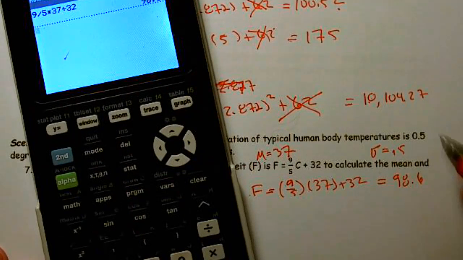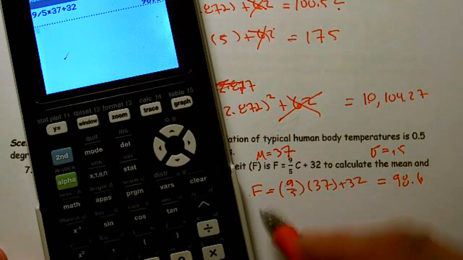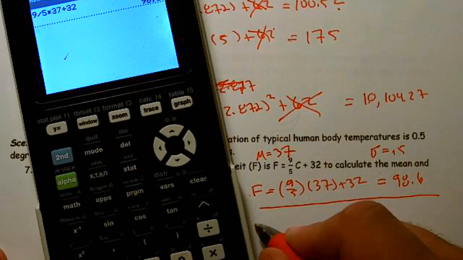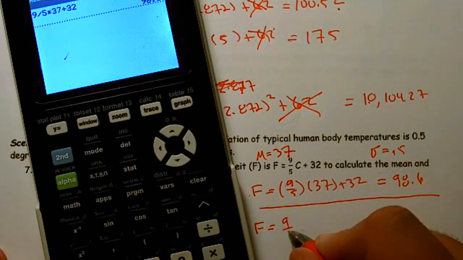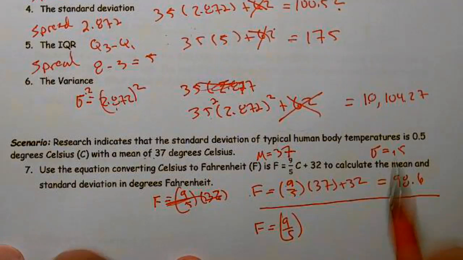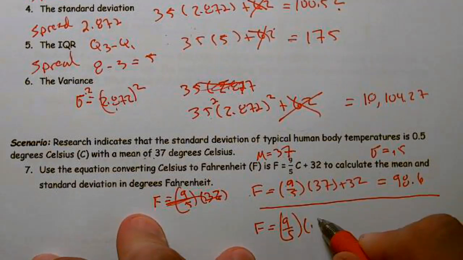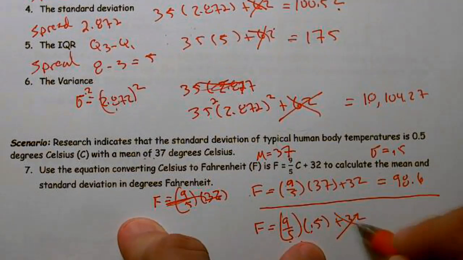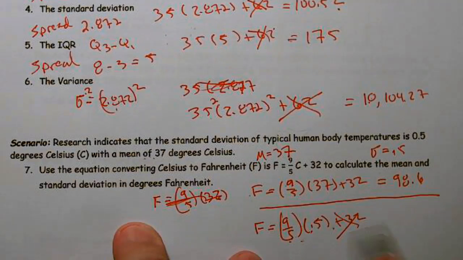So there's my mean. Now let's do the standard deviation for the same thing. So we have F equals 9/5, and they say the standard deviation is 0.5, plus 32. Well, remember, I can multiply by a constant, but I can't add it. So that part goes away. This is because this was center, I could add it.